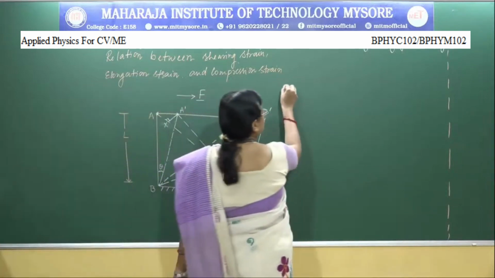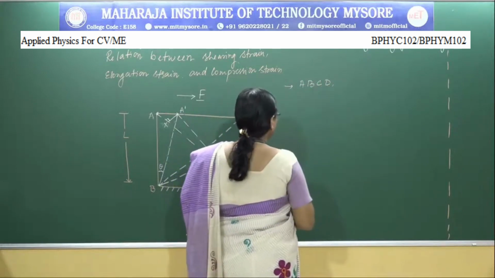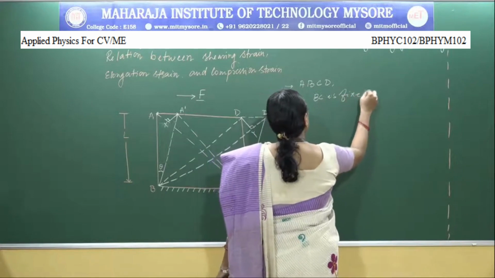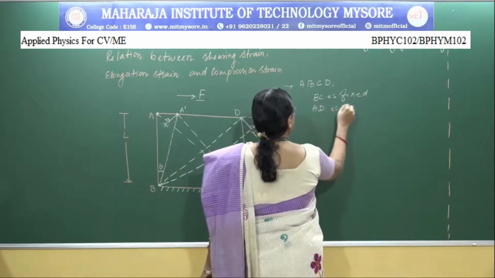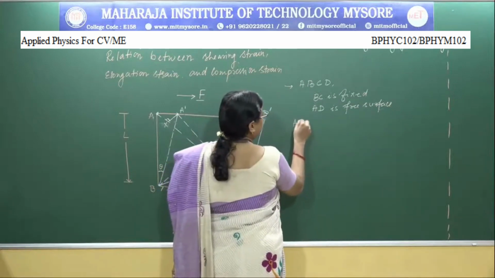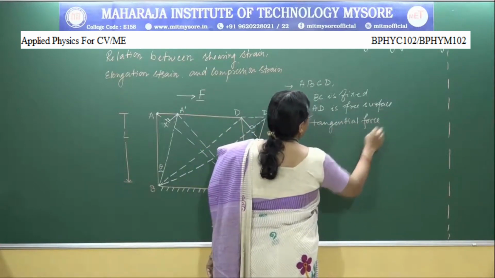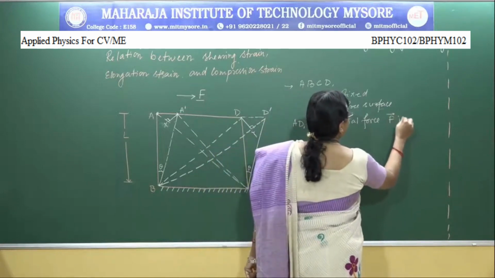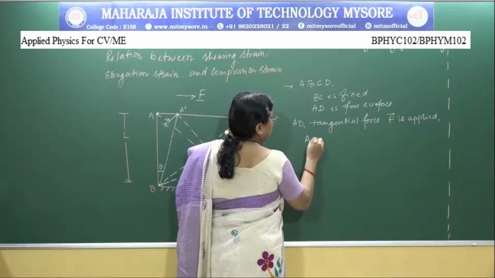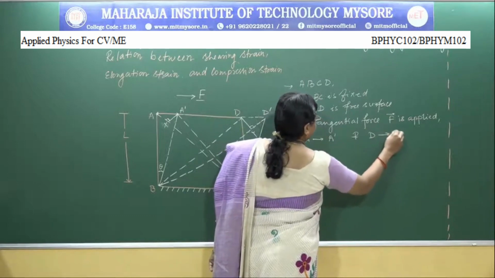So in short, if I explain this figure, consider the surface ABCD of a cube where BC is fixed and AD is the free surface. Now on the surface AD, a tangential force F is applied, which changes the position of A to A dash and D to D dash.